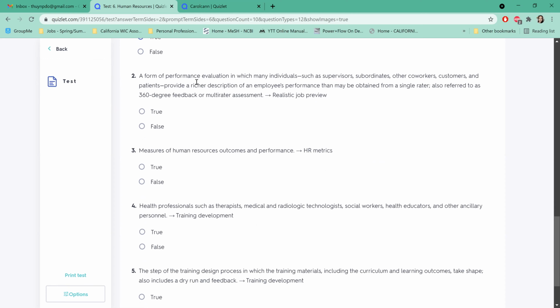A form of performance evaluation in which many individuals, such as supervisors, subordinates, other coworkers, customers, and patients, provide a richer description of an employee's performance than may be obtained from a single rater, also referred to as 360-degree feedback or multi-rater assessment, is called a realistic job preview. True or false? That's a good question.